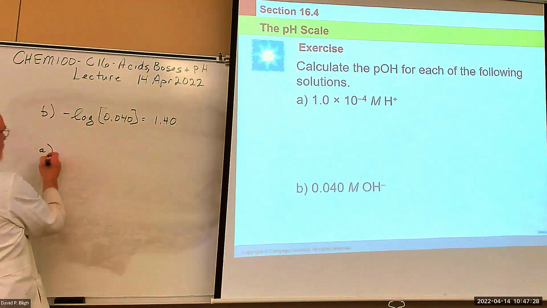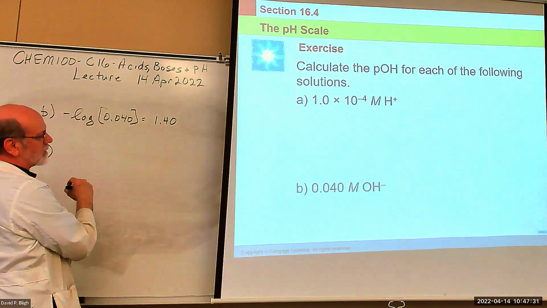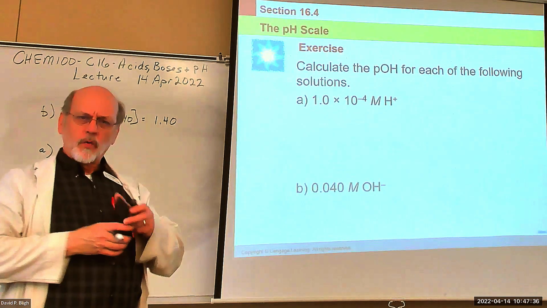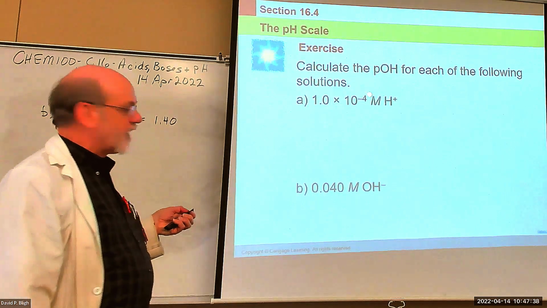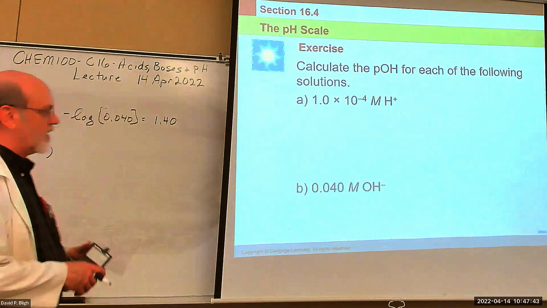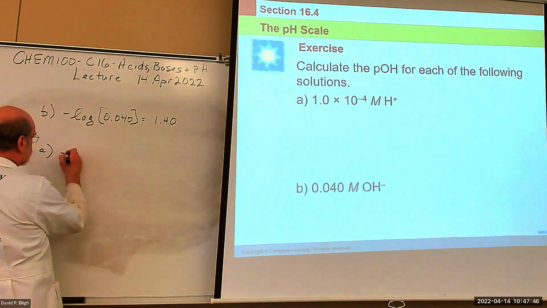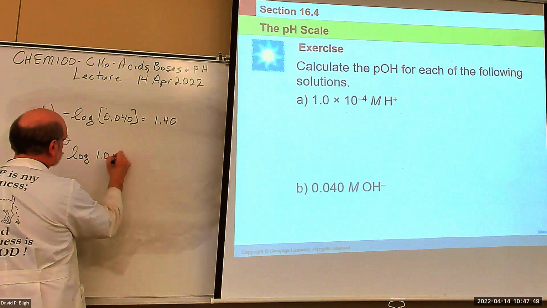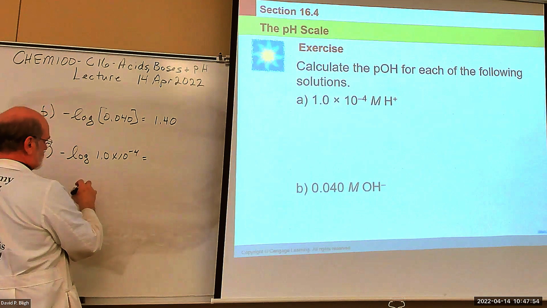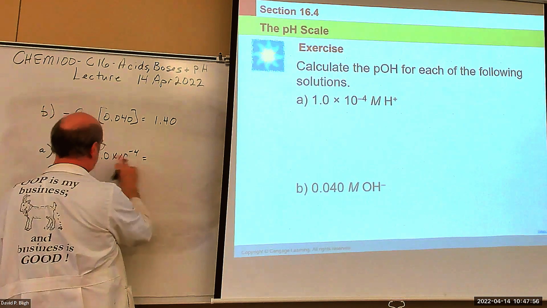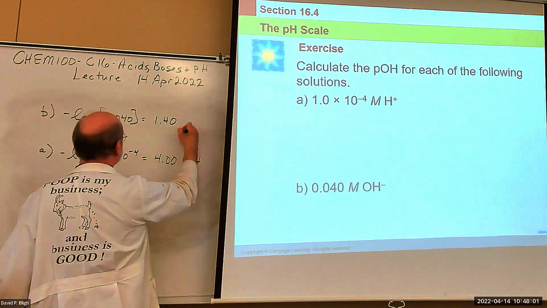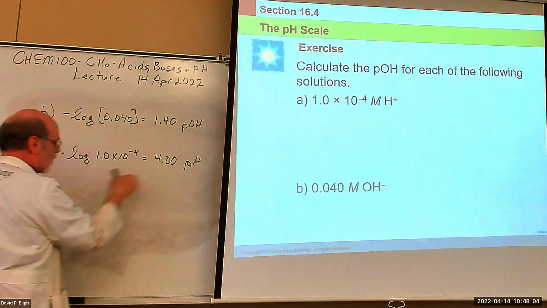How about this one? What's the negative log? Well, pOH, right? How would we get pOH? Well, we could go back to the original expression, find out what OH is, and then take the negative log of that. But why don't we make it easy on ourselves? What's the negative log of 1 times 10 to the minus 4? That's pH. So this is going to be two decimal places, this is pH. This is pOH. But we want pOH from this one.